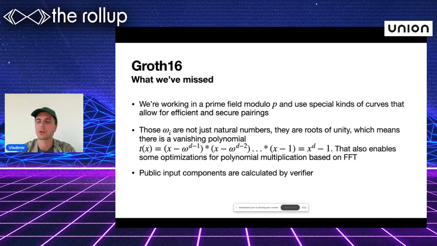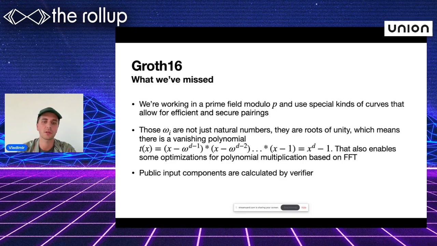They are indeed so-called roots of unity. It's a special number in multiplicative subgroups, where omega to the power d is 1. So the t polynomial is very easy to compute, and it also enables some optimization features such as fast Fourier transforms.